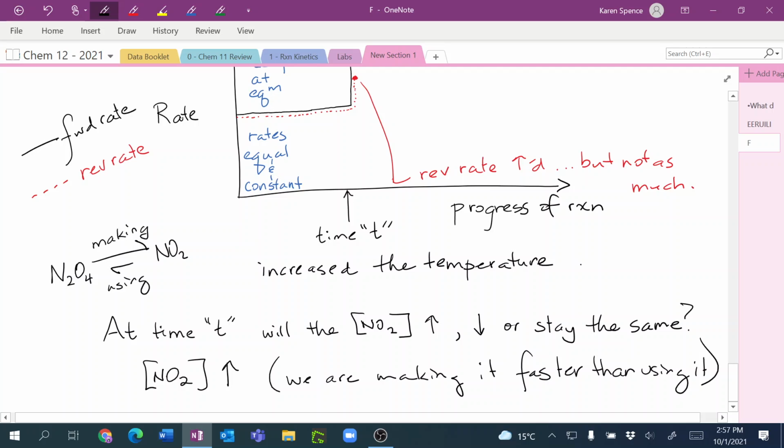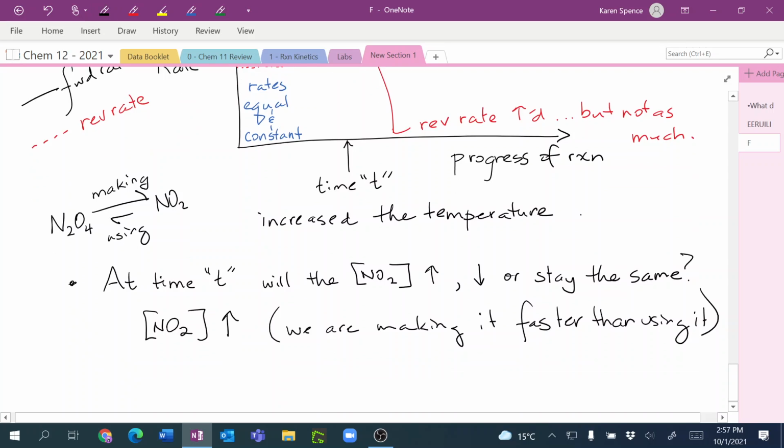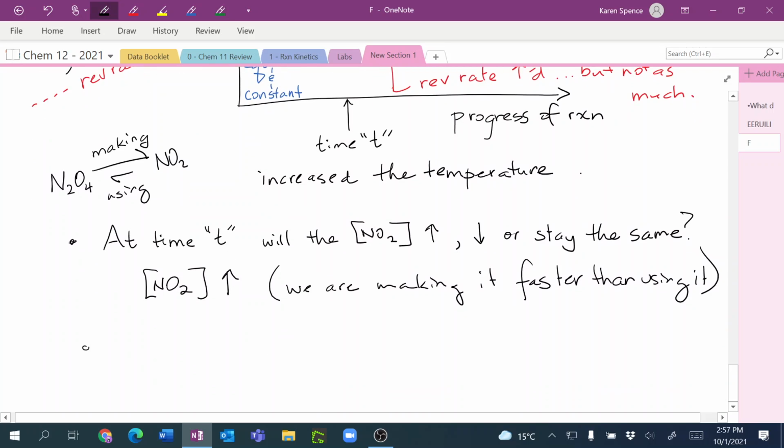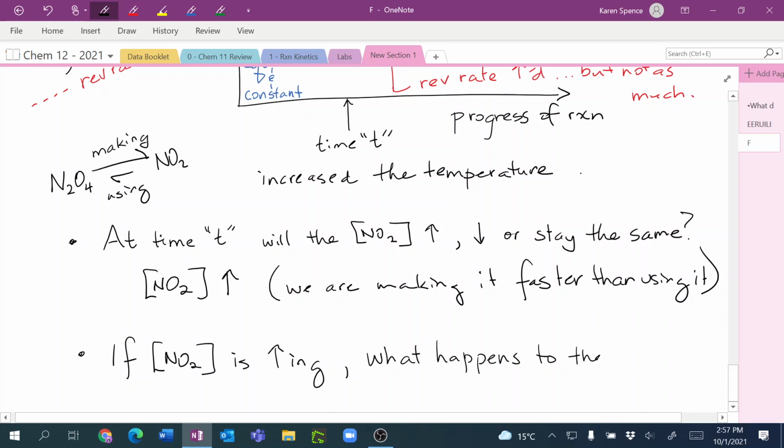Now, if the concentration of NO2 is now increasing, what happens to the forward rate? Or not the forward rate, the reverse rate.